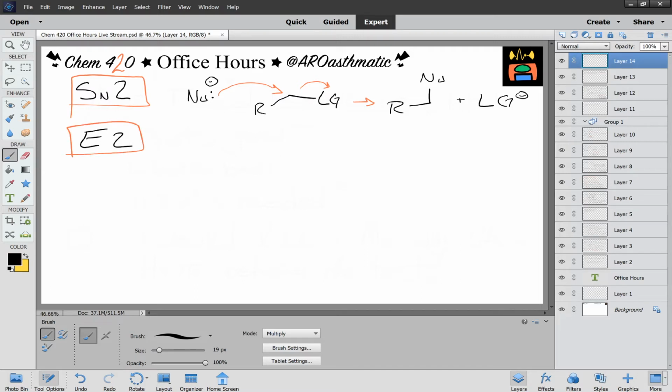Now with E2, E2 is also a bimolecular reaction. It's concerted. It happens all in one step.